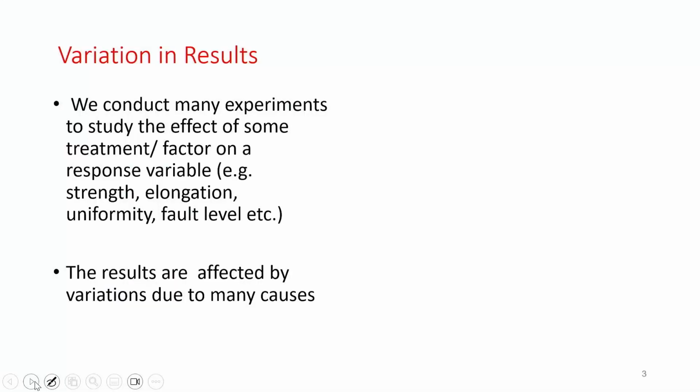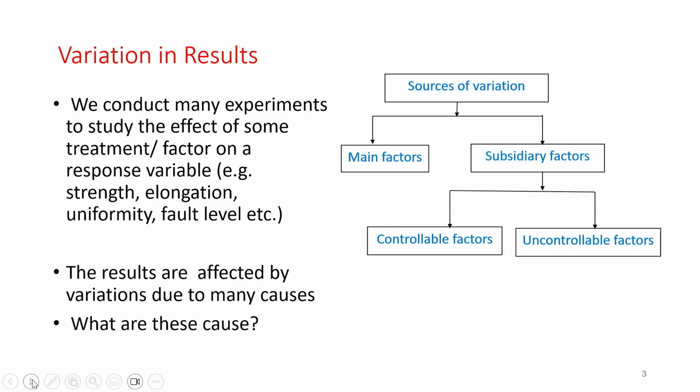The results of any variation that we see can have different sources of variations. Now, what are the different causes of variations? The sources of variations could be, one, due to main factors or due to subsidiary factors.